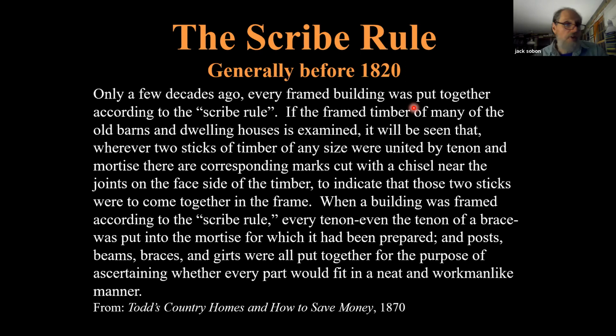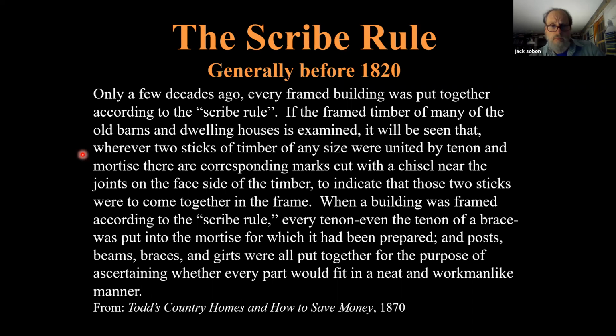But we're going to talk about the English variant of that. And of course, it didn't have a name until it was superseded by the Square Rule. And then you start seeing people calling it the Scribe Rule. But before then, it was just carpentry. It was the way carpentry was done for eons.